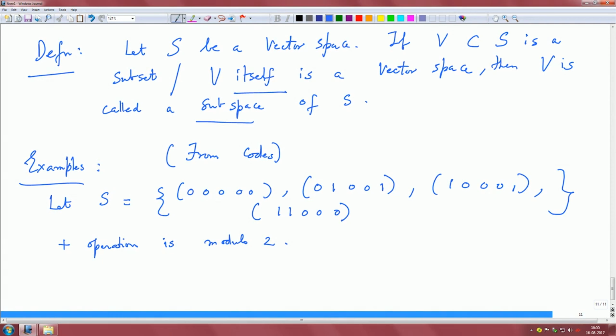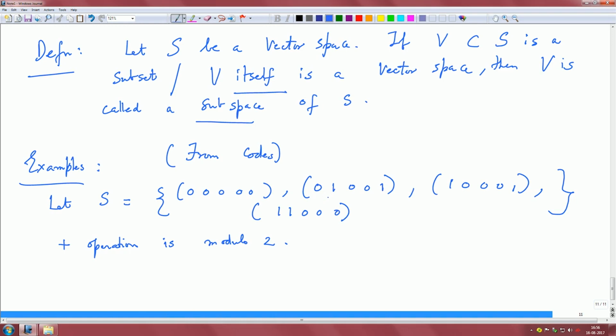So think about what 2 elements you can add to get this 0. For example, if I were to add 11000 with say 10001, suppose I added these 2 elements.